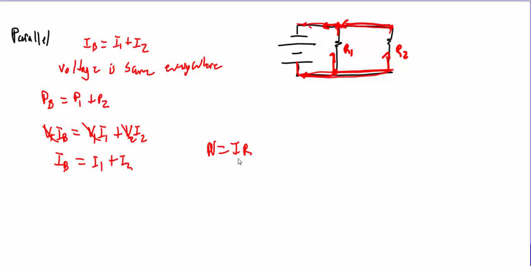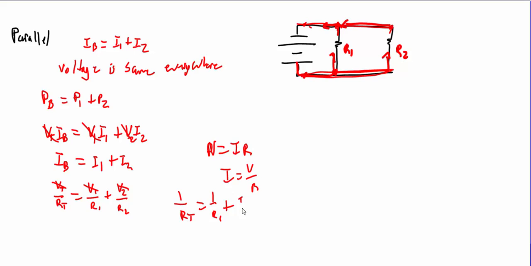I'm going to solve this for I, so I equals the voltage divided by the resistance, and so now I have the total voltage divided by R total equals voltage across R1 divided by resistance R1 plus voltage across R2 divided by resistance R2. Again, those voltages are all the same. So what I have is 1 over RT equals 1 over R1 plus 1 over R2 plus 1 over R3, whatever I need, all the way up so I can keep going with this.